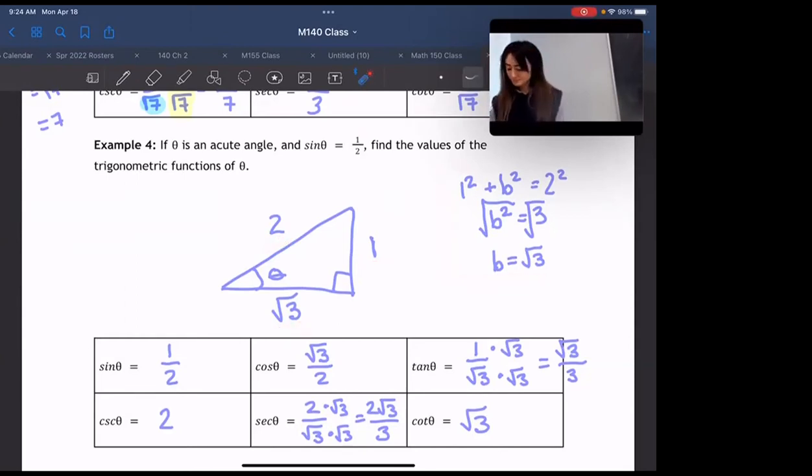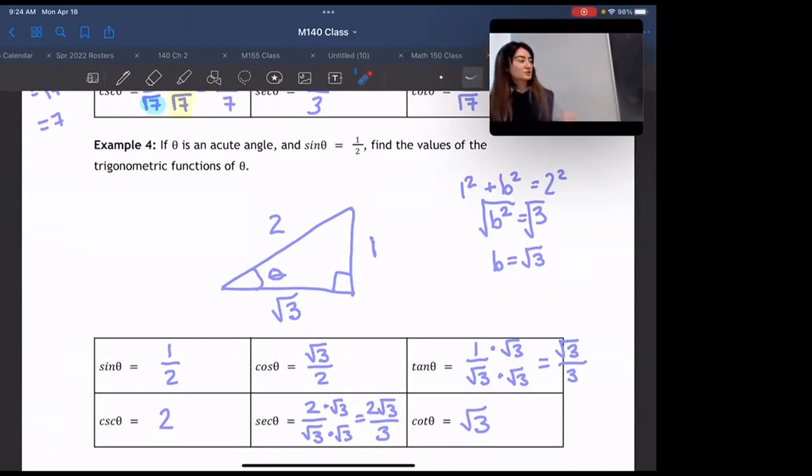And then for the first line across, whenever there's a square root in the bottom, I fixed that. And then for the bottom, I just flipped all of them.